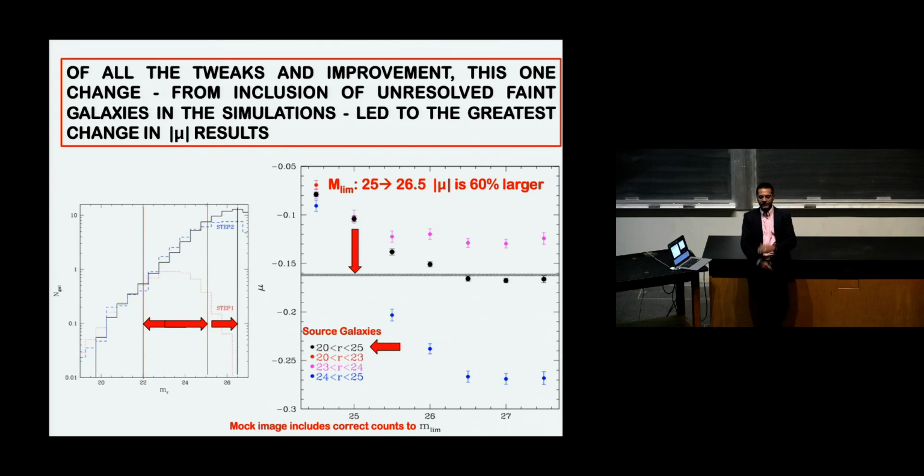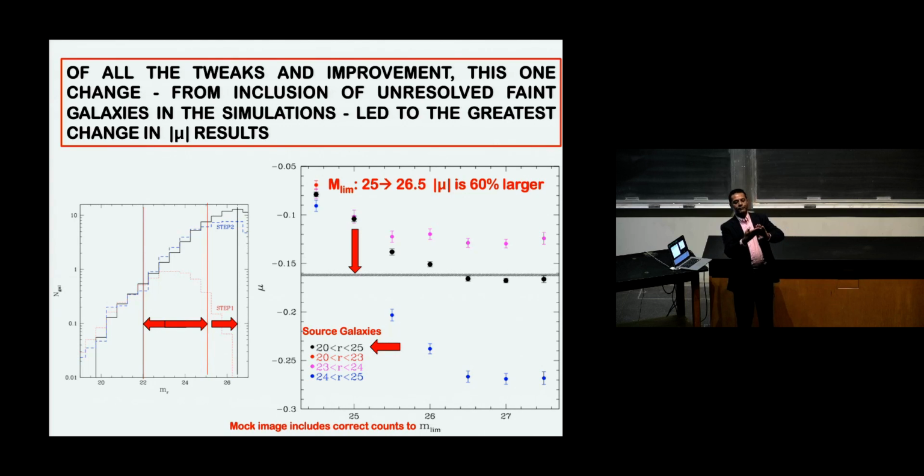No, but what happens is a faint unresolved galaxy does two things. First, if you think about a galaxy that you're interested in, it has contours to it, right? You're only measuring its shape up to a certain faintness level. If you put an underlying galaxy that's not resolved, it actually brightens up a part of the galaxy and changes the shape that you will measure of the source galaxy.